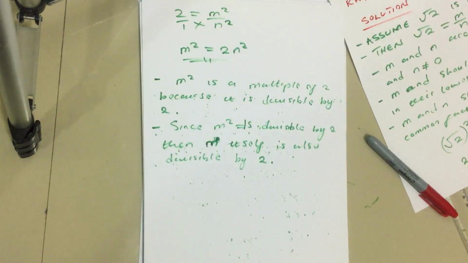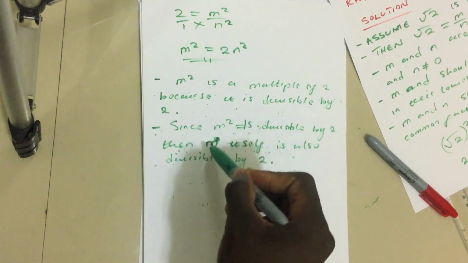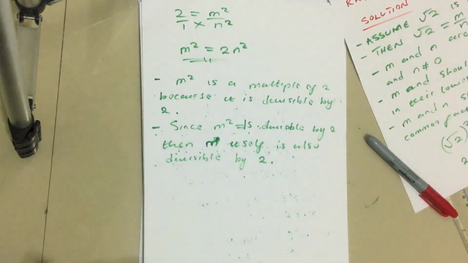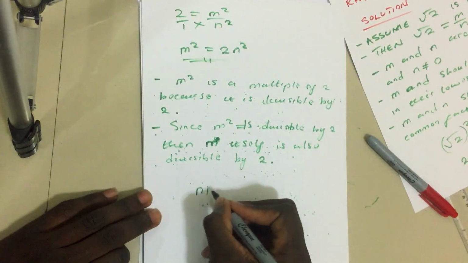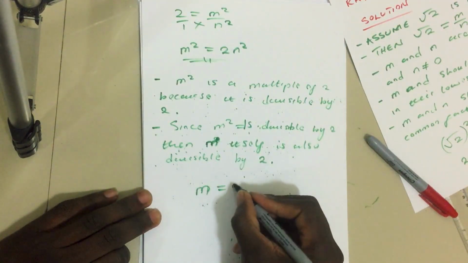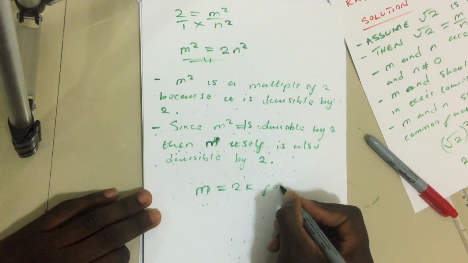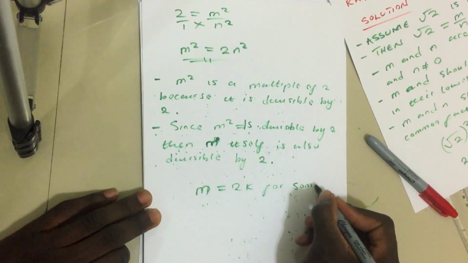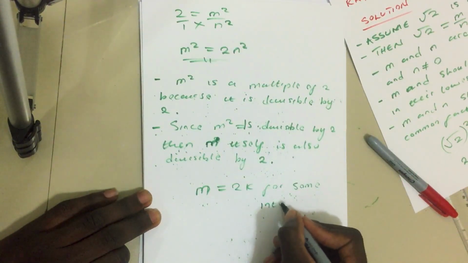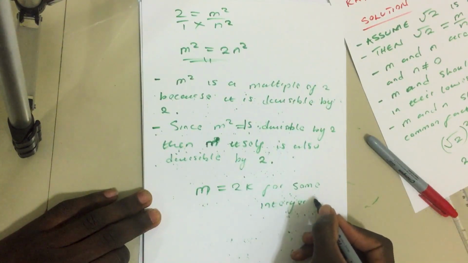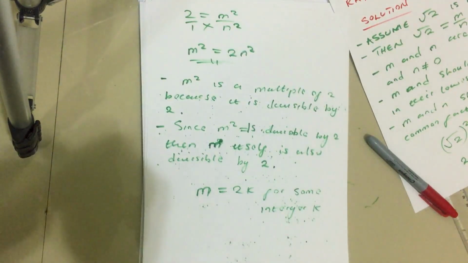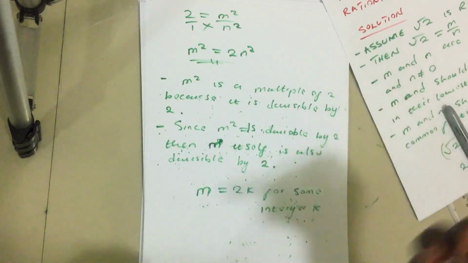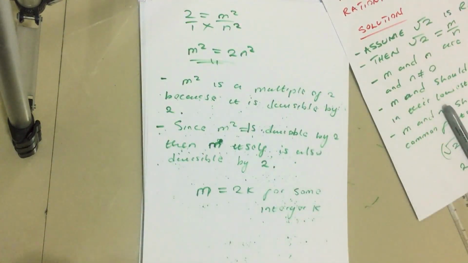In order to show what exactly is going on here, when we say m itself is also divisible by 2, we're going to say m is equal to 2k for some integer k. My marker is fading out, so I'm just going to use the red marker instead.